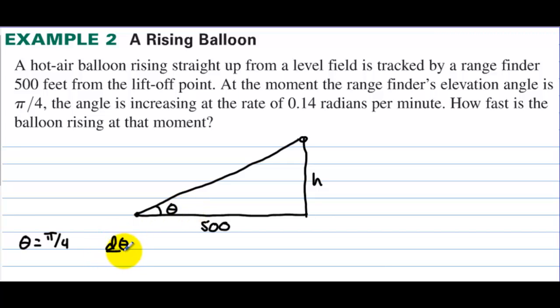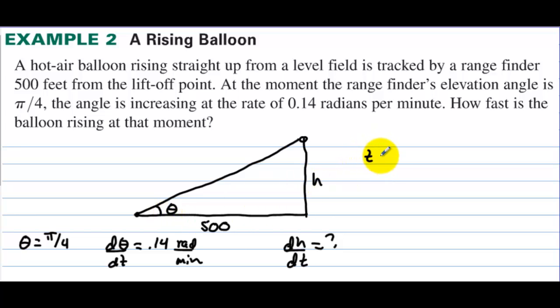That means the change in theta with respect to time is equal to 0.14 radians per minute. How fast is the balloon rising at that moment? Well, the balloon is rising, its rate is dh/dt, and that's what they want to know. Now we have to find some sort of equation that relates these three things.